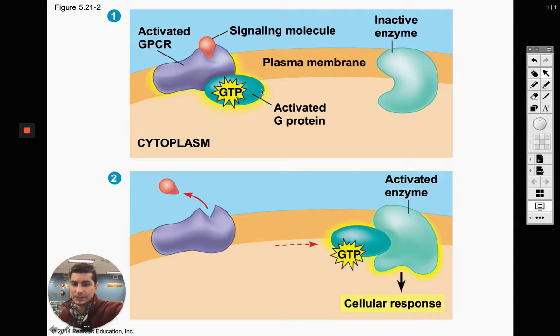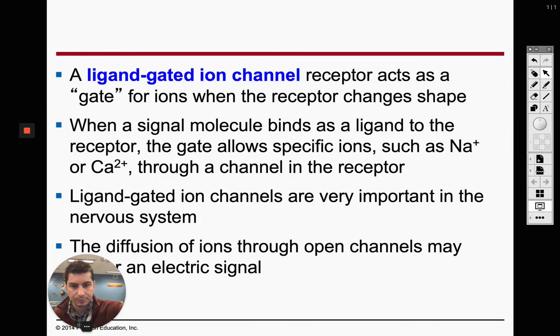Okay, in this example, it's taking it to an enzyme. And when it binds to that enzyme, you can see the activated enzyme. It's going to change its shape, so it's going to have a nice active site at the bottom there, and that will give some type of cellular response. Without GTP, without that energy, nothing is going to happen.